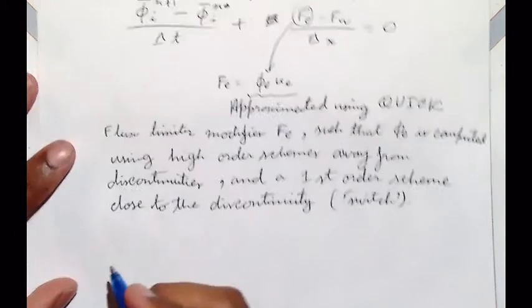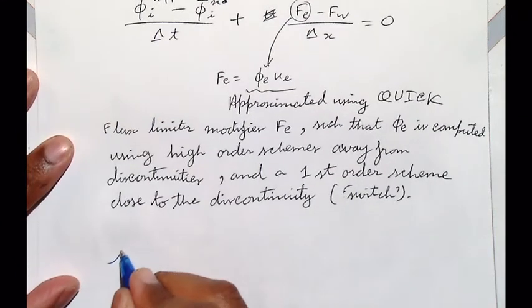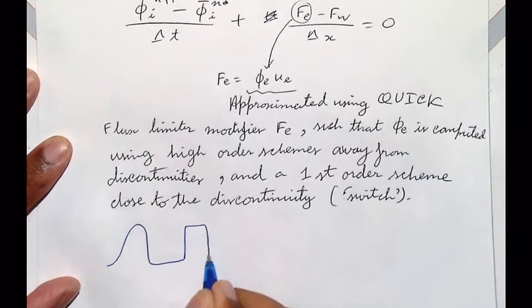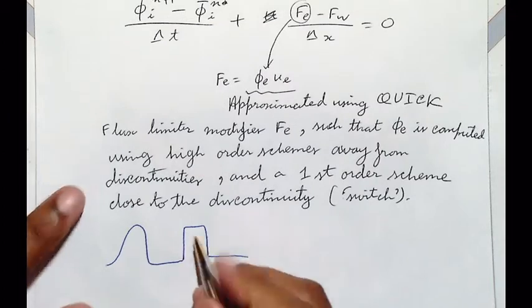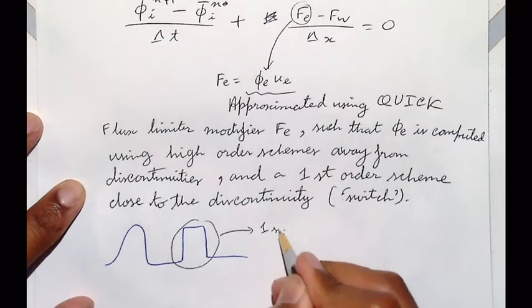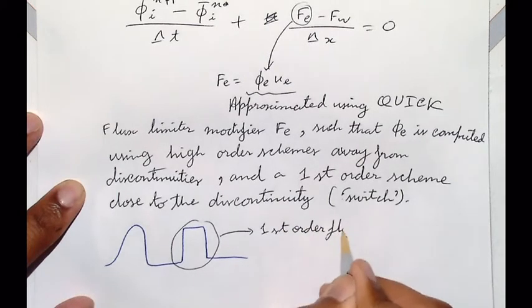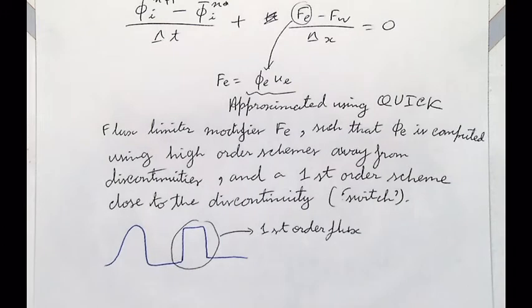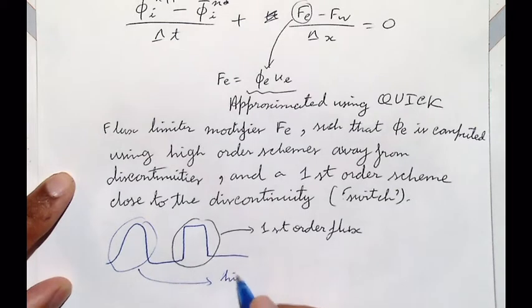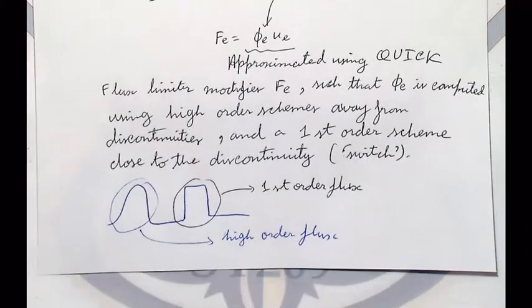And let's say you're interested in a profile that looks like this. So in this region, because of the gradients, you would want to use a first order flux. And in the smooth, nice region, you would want to use a high order flux. And for doing this sort of switch, you have to have some way of identifying what region you are in.